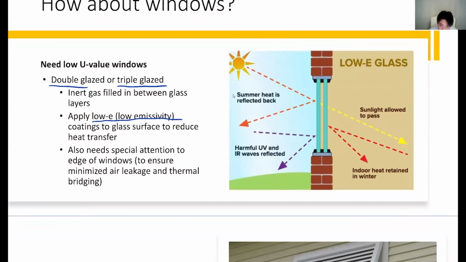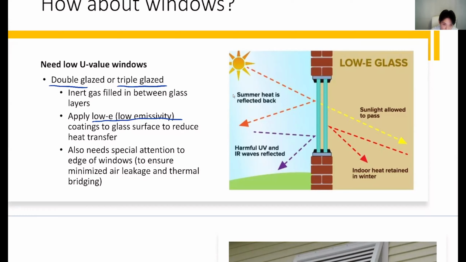And again, as I talked about the importance of transitional elements, right? No matter how good you design your windows or doors, they can be super insulative or perfectly designed. But if you don't pay actual attention to the transitioning part, like the edges of the window, it's not going to work, because the air leakage can still happen, and you're going to have a thermal bridging effect, which is where heat transfers through the window frames that have a high thermal conductivity, and the heat is going to be lost to the outside anyway.